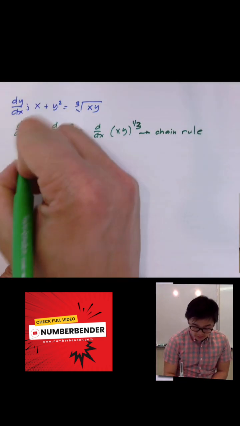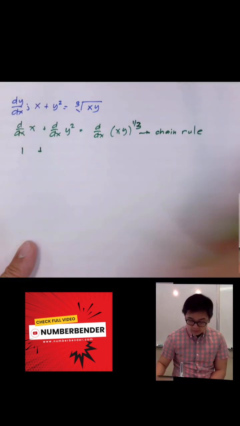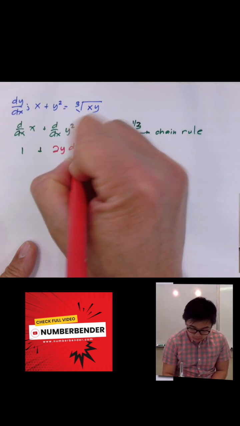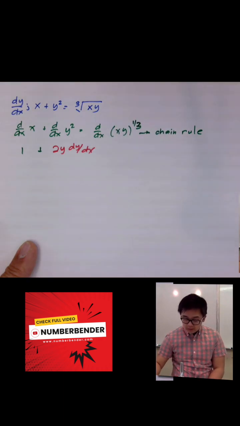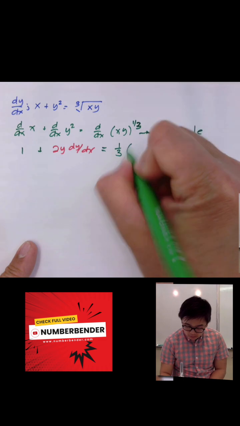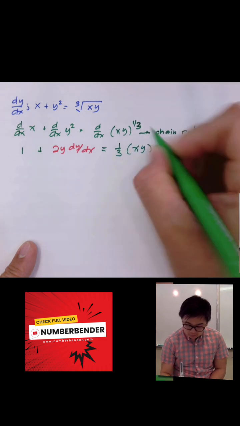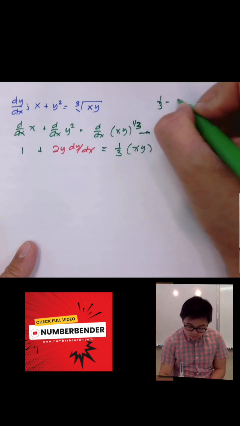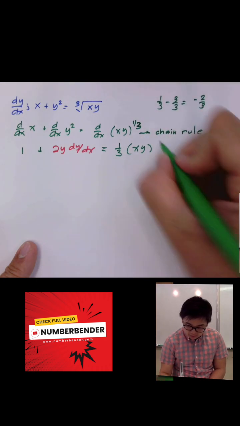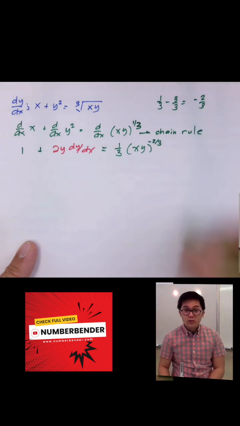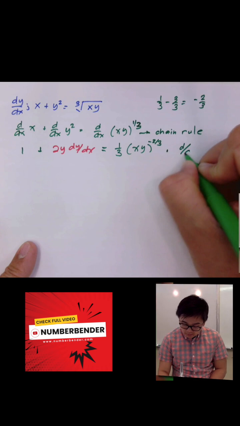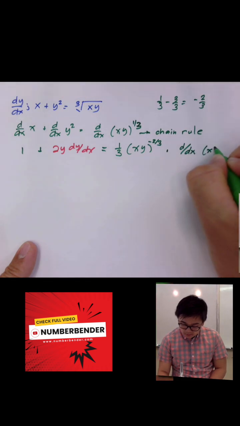So the derivative of x is simply 1, plus the derivative of y squared, which is 2y dy/dx, equal to, by the chain rule, 1/3 (xy), and we know that 1/3 minus 1, which is 3/3, is simply negative 2/3. So this is negative 2/3 for our exponent, multiplied by the derivative of xy.